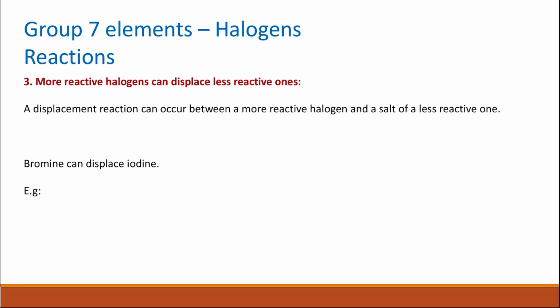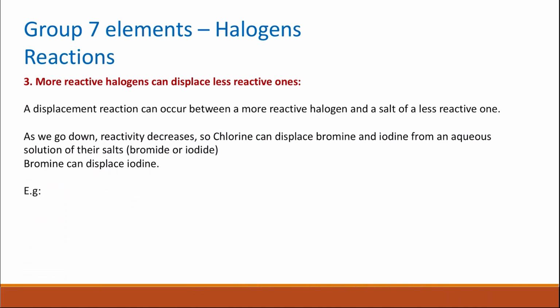As we go down the group, we know that reactivity decreases. So the halogens at the top can displace the less reactive halogens at the bottom from their salts. For example, chlorine can displace bromine from its salts, where a reaction between chlorine and potassium bromide will give you the salt of chlorine, which is potassium chloride, and will give you bromine as an aqueous solution.